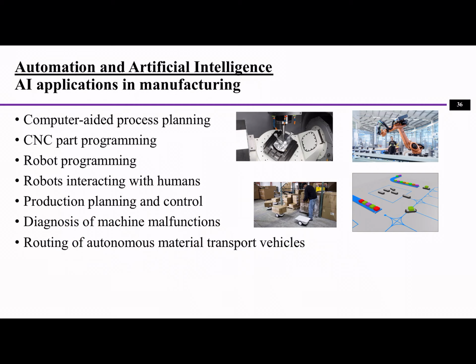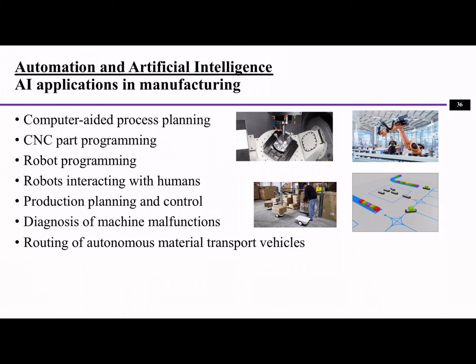What people are doing right now is manually inputting all the parameters, all the designs in the computer-aided software to generate the program. A lot of times there can be errors and problems, but maybe in the future the AI can help us, by identifying the material and the shape, to automatically generate those kinds of process plans.